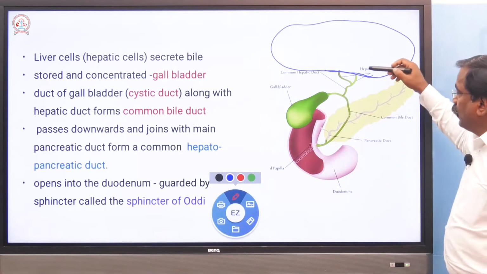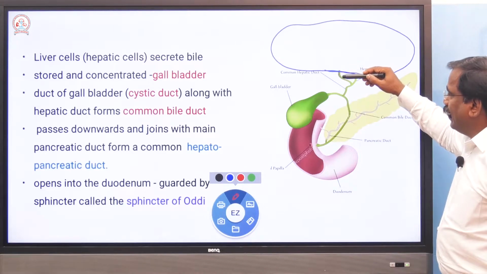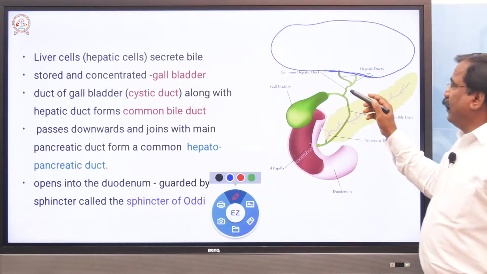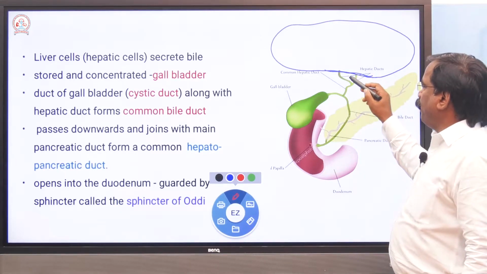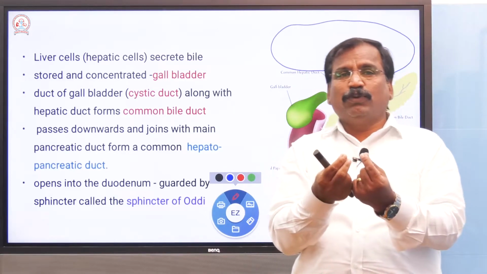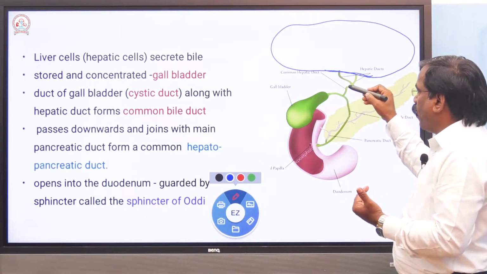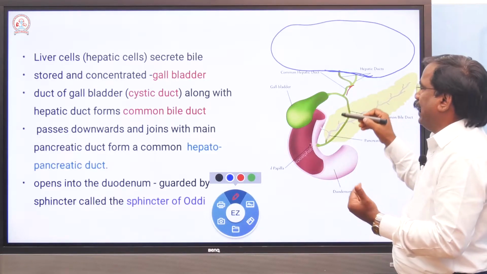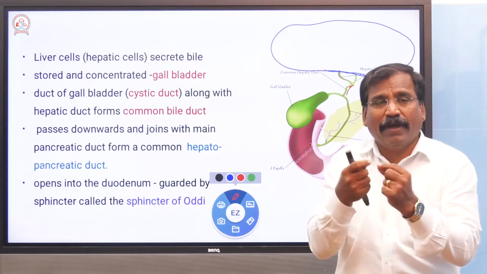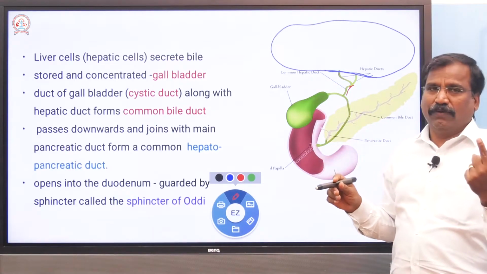Listen carefully: the bile juice secreted by the liver is carried by a pair of ducts, namely the hepatic ducts. The two hepatic ducts which carry the bile juice unite and join to form a single duct, called the common hepatic duct.